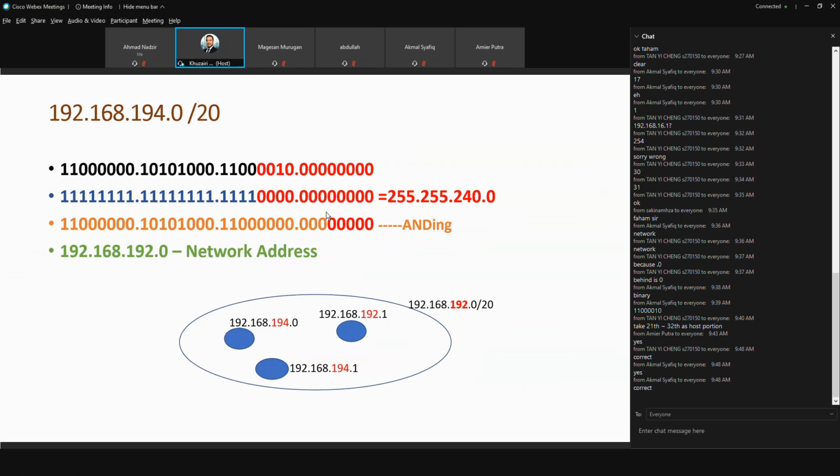So this one, can I have this number? Can I use this number inside the network for the host IP, for the host ID? Can or cannot? Can. Okay.